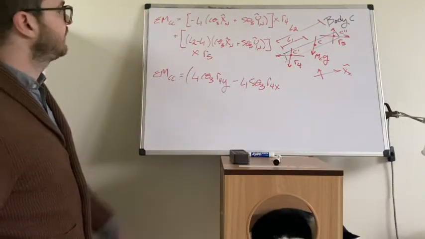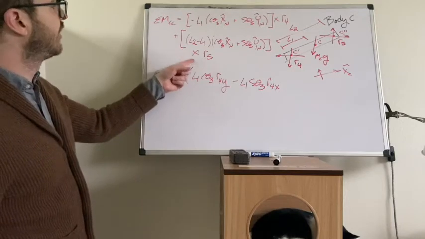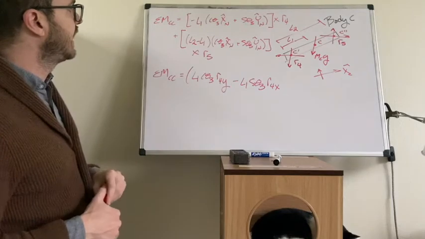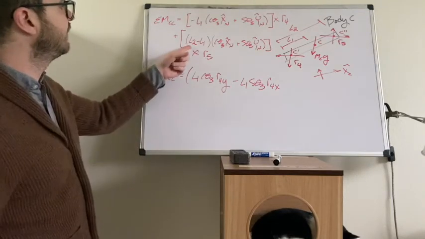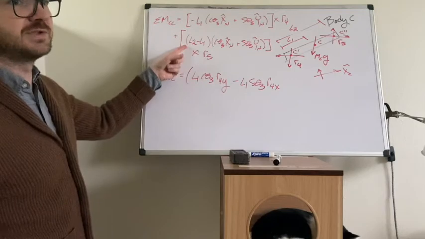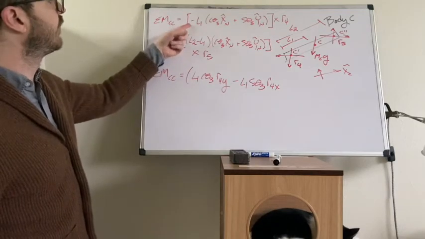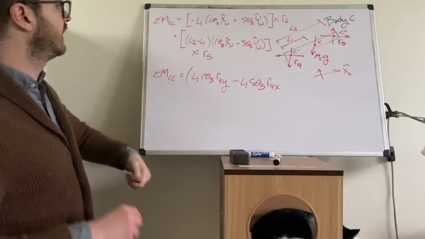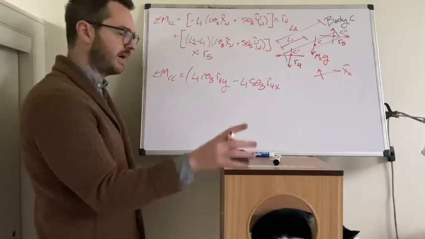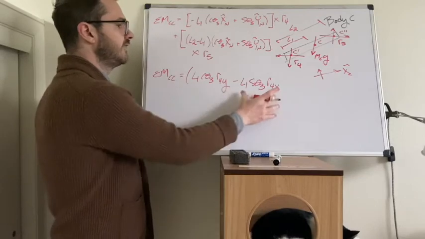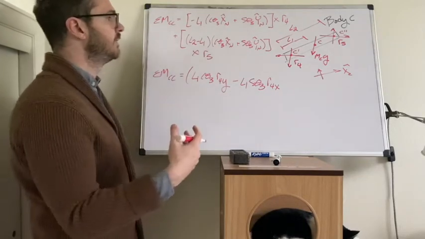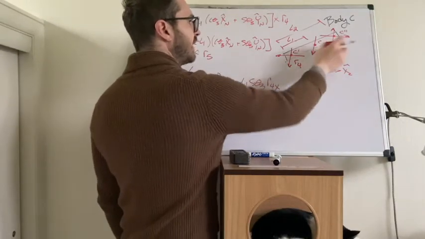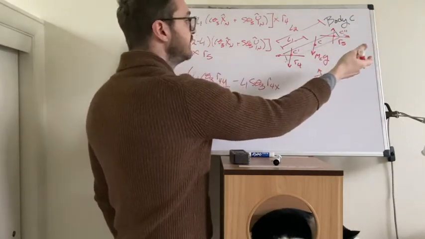Okay, next, moments created by R5. Now, how different is this going to be? Well, we just have a positive position vector this time, right? Before it was negative L1, this time it's L2 minus L1. So the first term, here's what we expect: the first term is going to go negative and the second term is going to go positive. That might be what you expect. However, don't forget that the directions on R5 have also been switched.